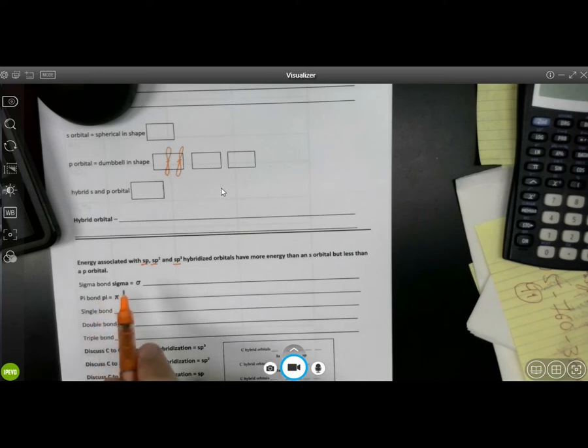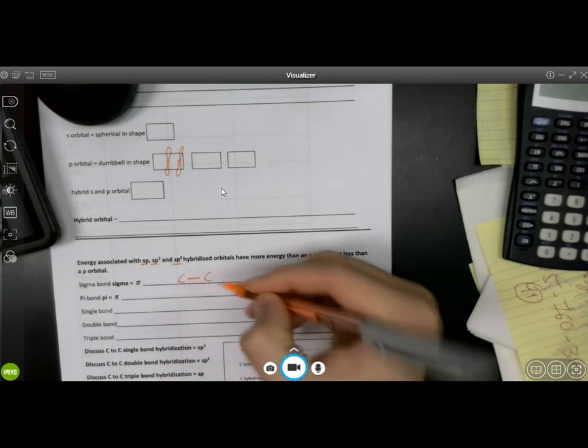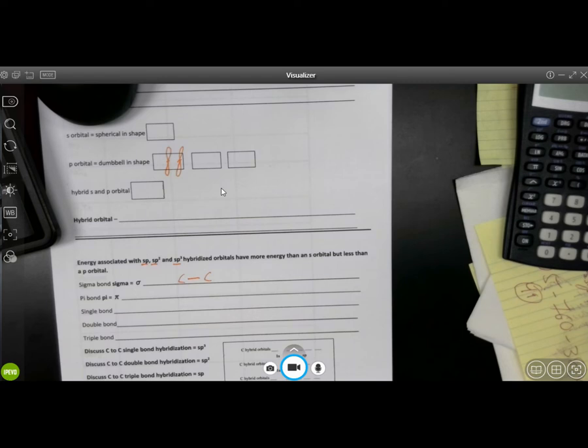Sigma bonds are typically the first bond that forms between, let's just stick with the carbon example, 2 carbon atoms. So if I have a carbon single bond, I would have a single sigma bond. If you want to associate single and sigma, that's perfectly okay.